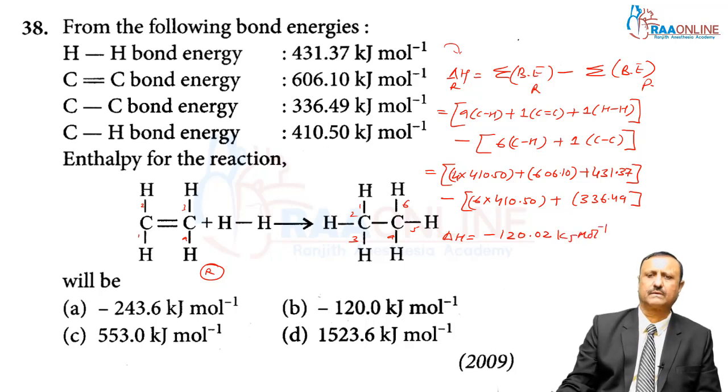Now, we can see here, this is the answer B, question number 38. You can put this in this type and get the bond enthalpy, this will be the enthalpy of the reaction. This is the enthalpy of the reaction.